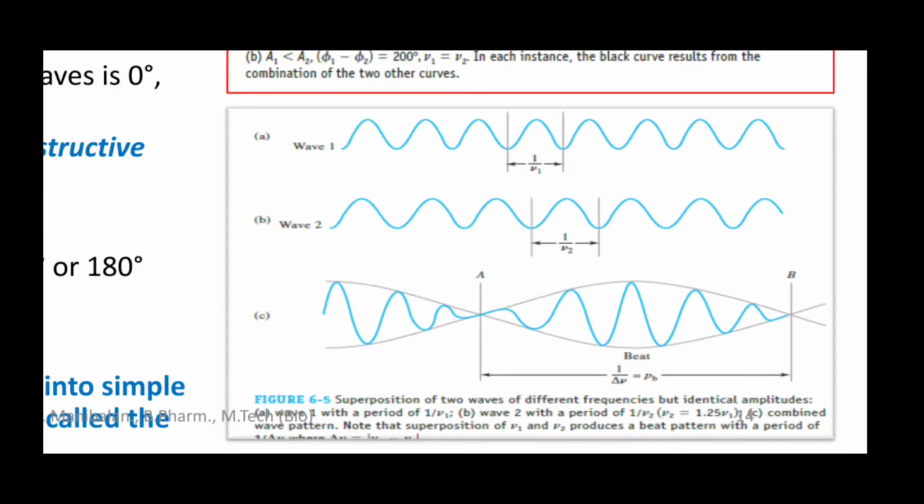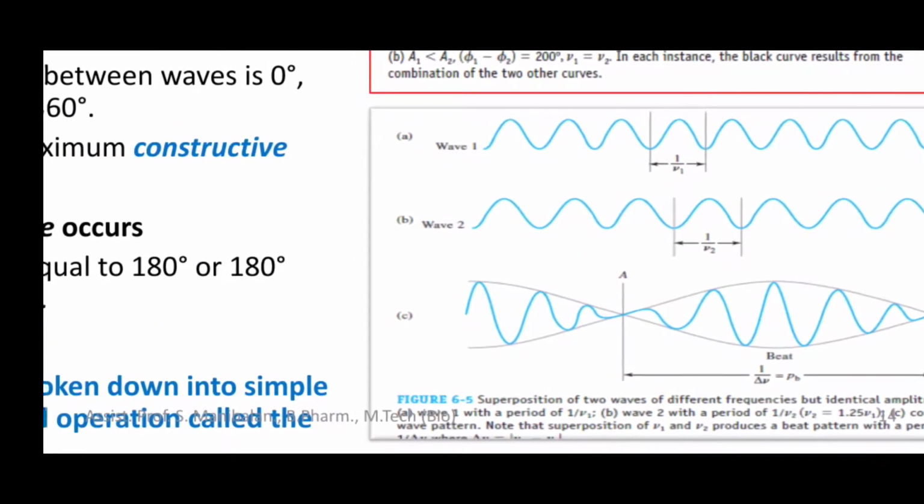So they have different frequencies but identical amplitude, which means the height of the maxima is the same. Okay, both waves A and B interfere constructively and produce a bigger energized wave; the resulting wave is shown in C, right?